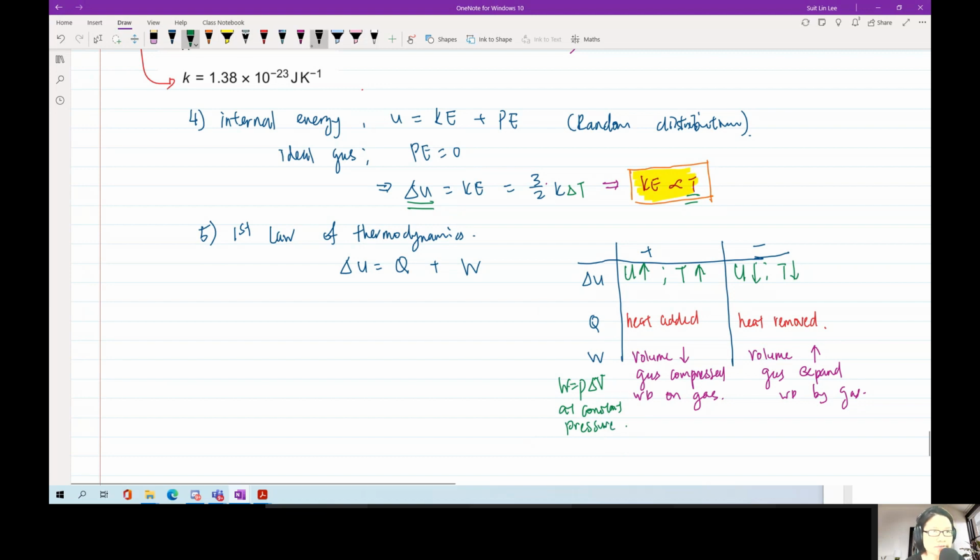If I look at this question, this delta U can be pulled into EK is equal to 3/2 NKT, and from here I can relate this to mean square speed. This is one way of asking. This Q can be pulled using mc delta theta.